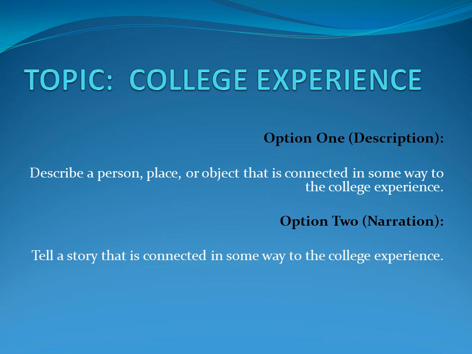Connect it with college. I used a coffee house for my example for the first option. For the second option, I told a little story about students helping each other out. So you can read my examples in the instructions, and you'll see those instructions when you click on the discussion forum.